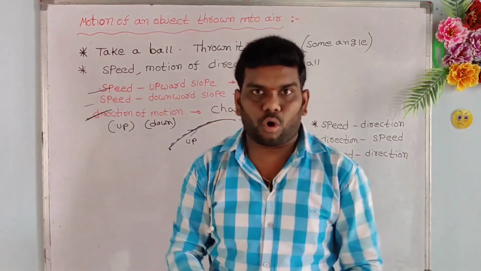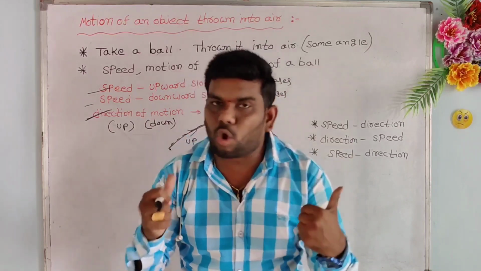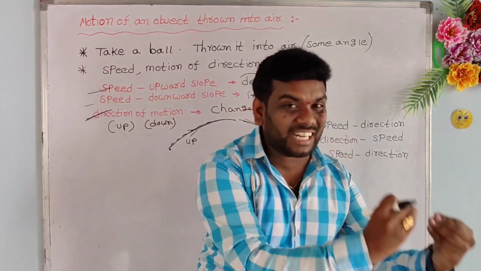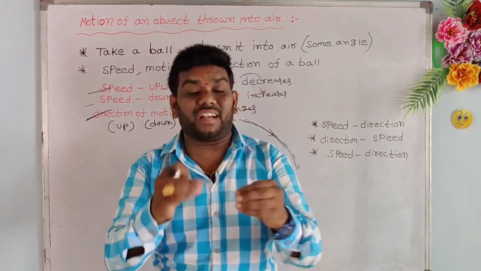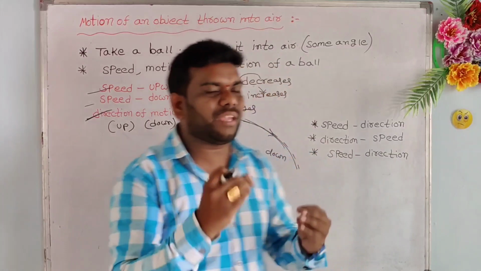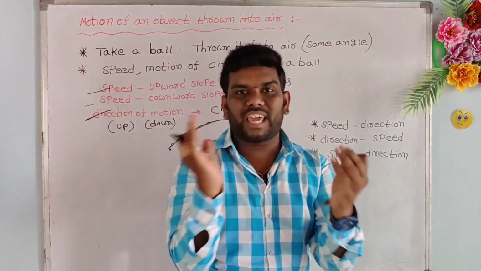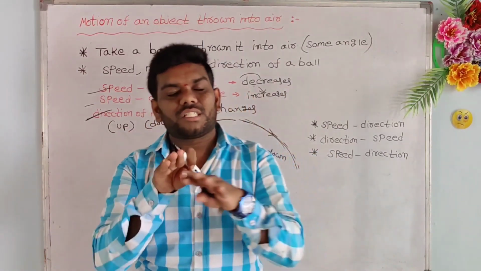So what do we conclude from this example? Speed of the ball changes and direction of the ball changes. Both speed and velocity, meaning speed and direction of the ball, change in both cases.